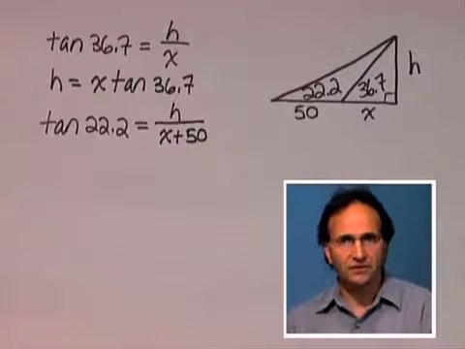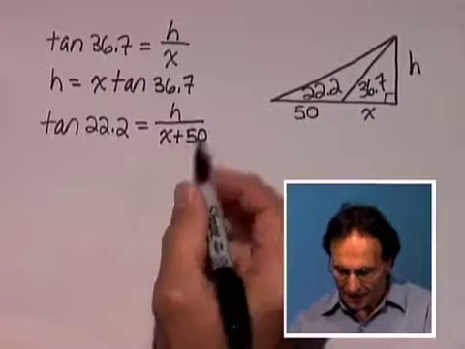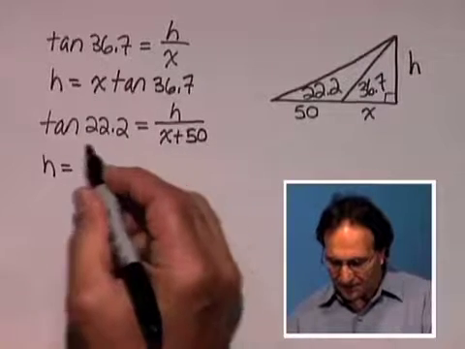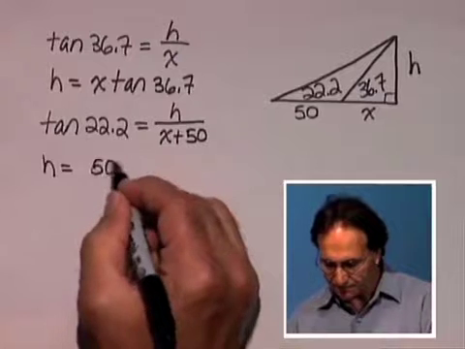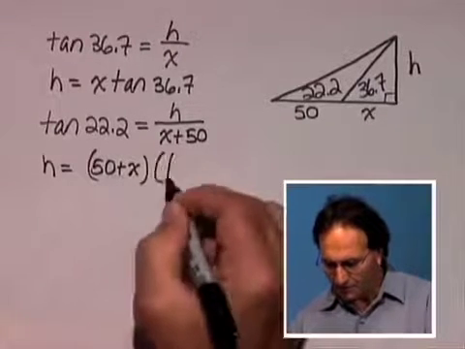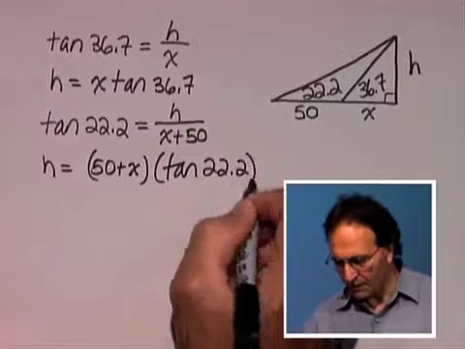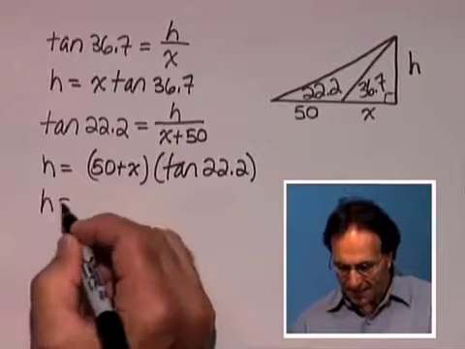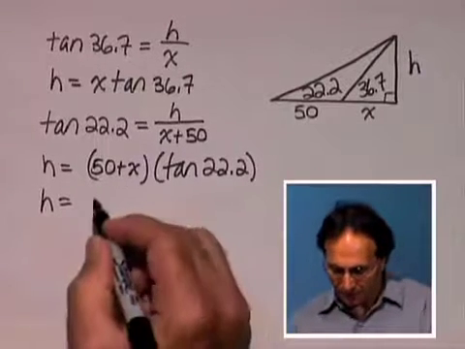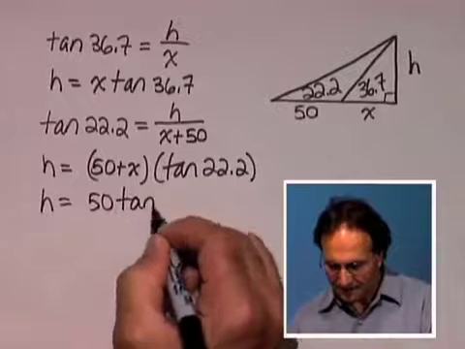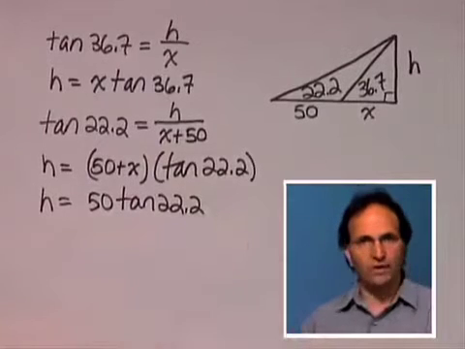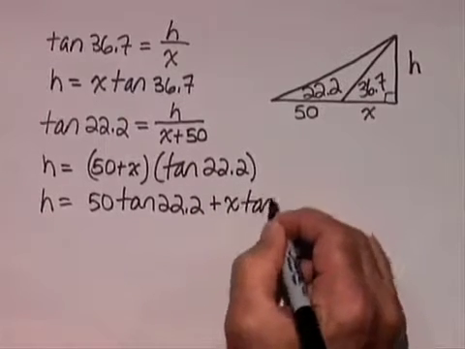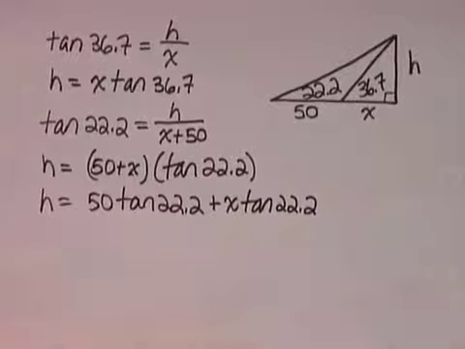Let's look at solving this equation for h. h would be equal to x plus 50 times the tangent of 22.2. Now let's distribute, and we have that h is equal to 50 times the tangent of 22.2 plus x times the tangent of 22.2.